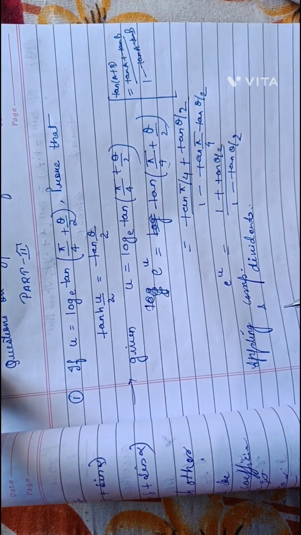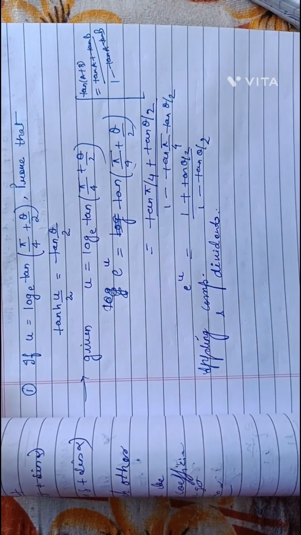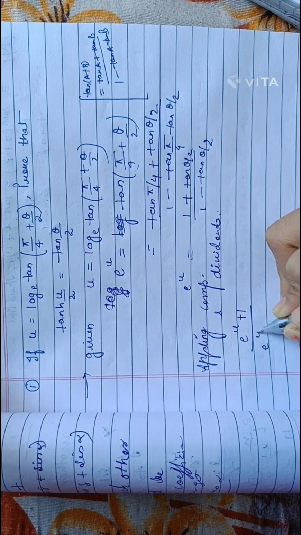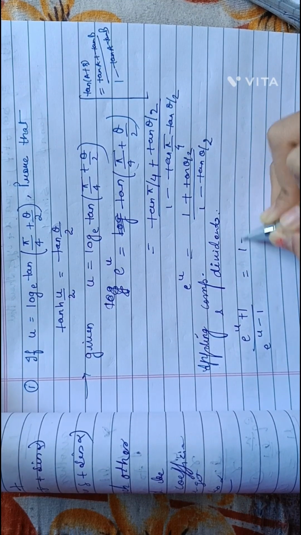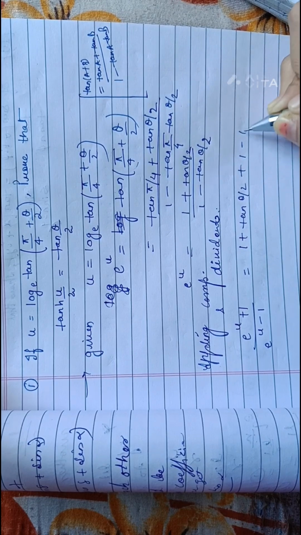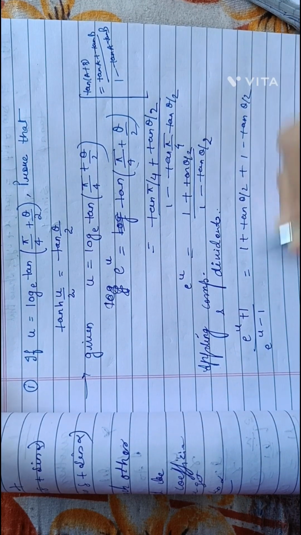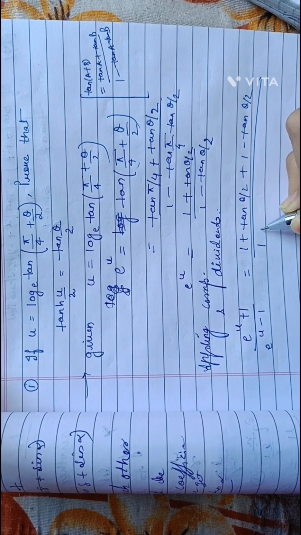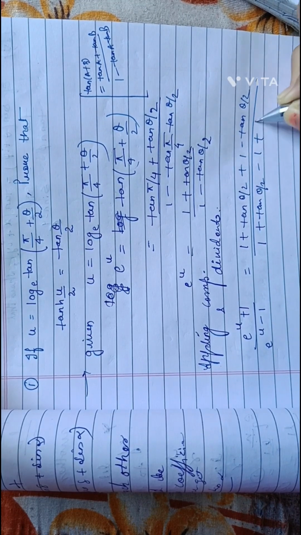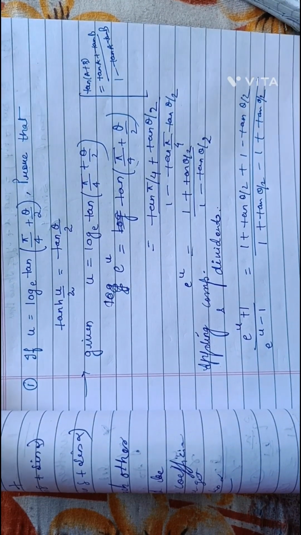So e to the power u plus 1 upon e to the power u minus 1 equals 1 plus tan theta by 2 plus 1 minus tan theta by 2, whole upon 1 plus tan theta by 2 minus 1 plus tan theta by 2.